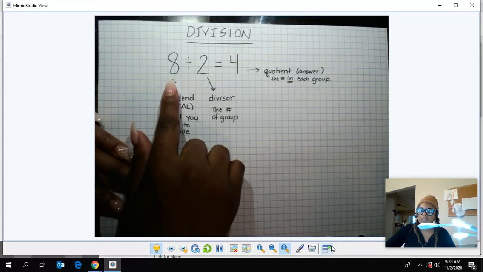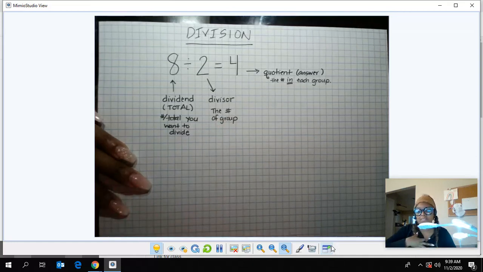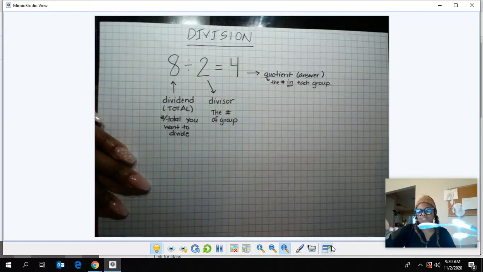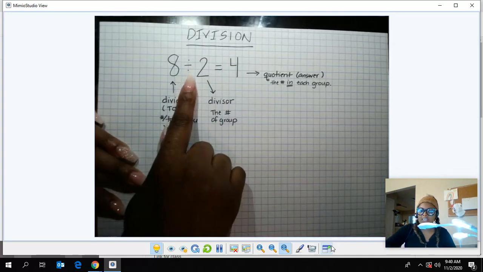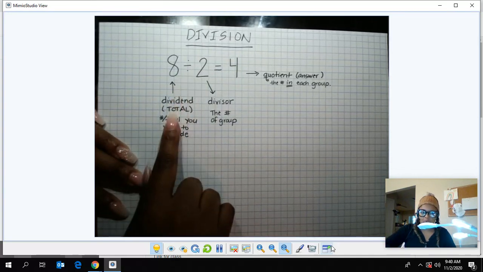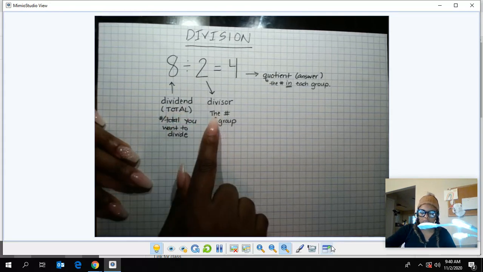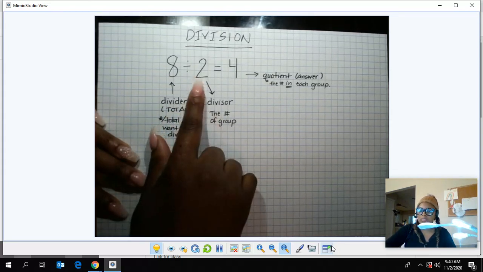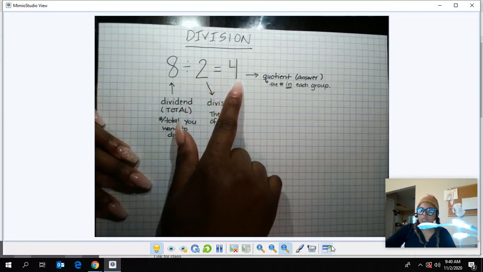There's 2 people in our group. So there's me, Miss McBride, and then there's you. So what we want to do is divide our 8 total slices of pizza between you and me, 2 people, 2 groups. And the answer would be the quotient.